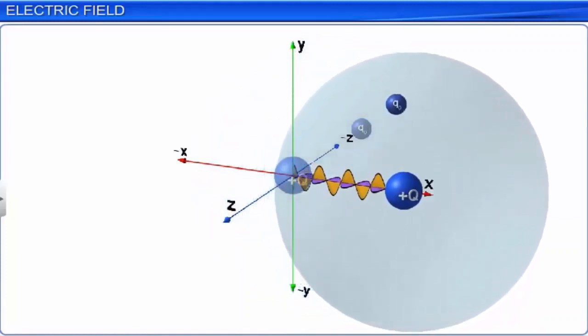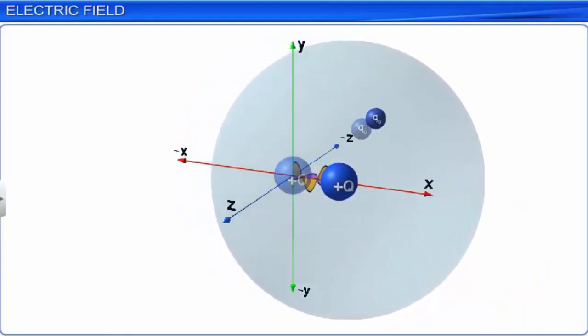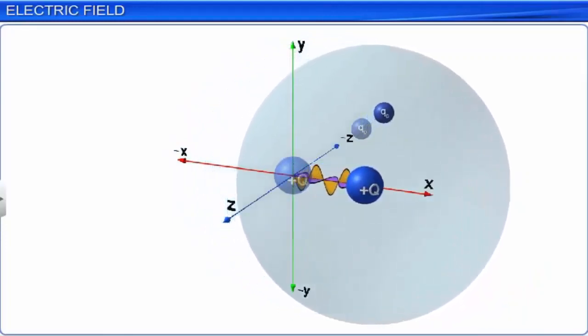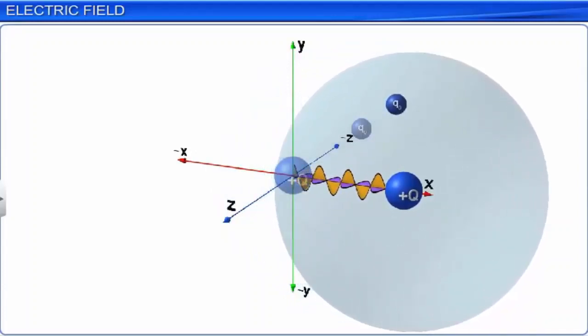Here, Q0 is also accelerating in the electric field of Q, and there will be a force on Q0 due to the electric field of Q. This force on Q0 due to Q is actually caused by the electromagnetic waves generated by the accelerating charge Q, and which travel from Q to Q0 at the speed of light. Thus, an accelerating charged particle is a source of electromagnetic waves.